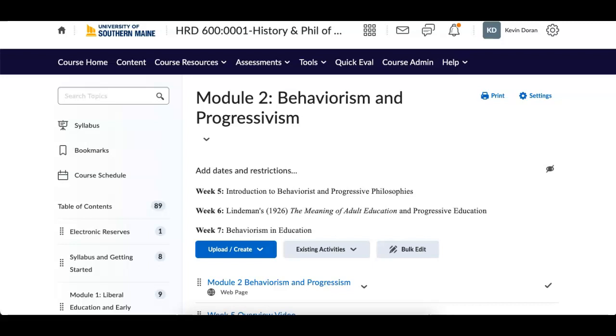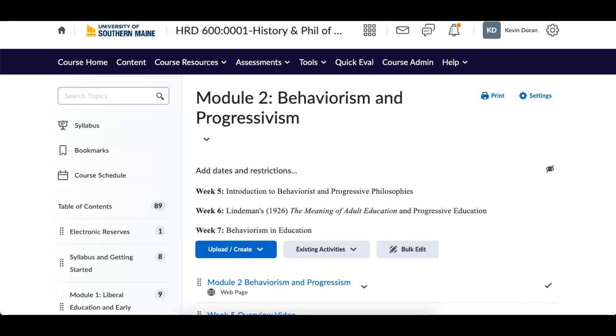So this week, which actually starts on Monday, is week number 5 and the beginning of Module 2. We're going to be examining two different philosophies: behaviorism and progressivism. We have 3 weeks included in Module 2: weeks 5, 6, and 7.